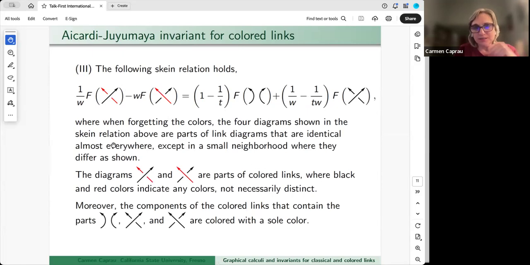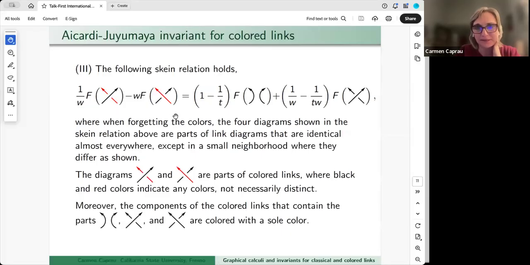Notice that I really use colors here for our colored links, and let me explain what we have here. So we have some scalars in front of evaluations of diagrams, as is standard in knot theory. This is a skein relation, meaning that the diagrams that we have here, 1, 2, 3, and 4, if you forget the colors, outside of the region represented here the diagrams are identical, so they differ only in a small neighborhood.